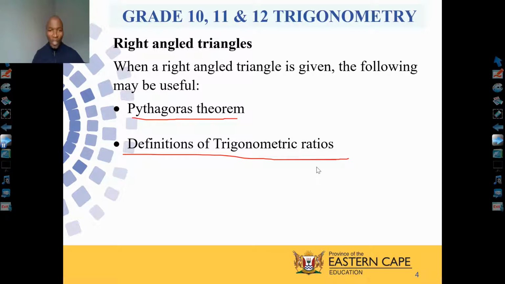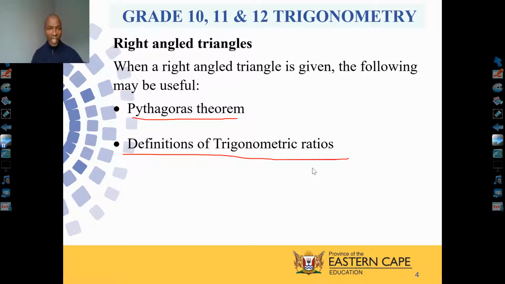Now, always remember that whenever you're talking about triangles, you can't run away from Euclidean geometry, especially when it comes to angles. For instance, if you know two angles in any triangle, then you know the third one, because when you add all three angles, you must always get 180 degrees.